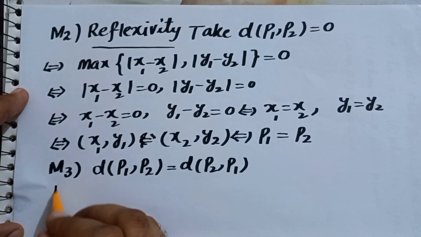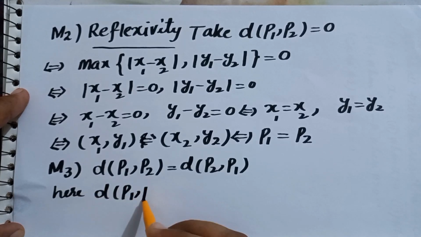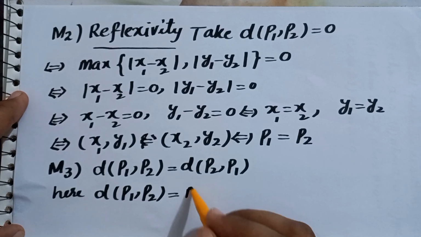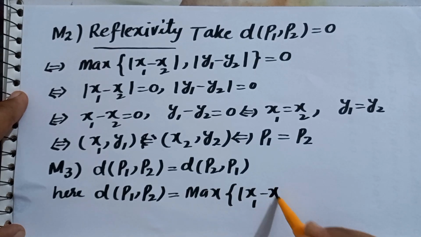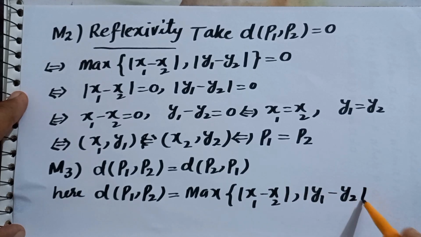The distance of p1 p2, by the formula of d, is the maximum of the absolute value of x1 minus x2 and the absolute value of y1 minus y2.